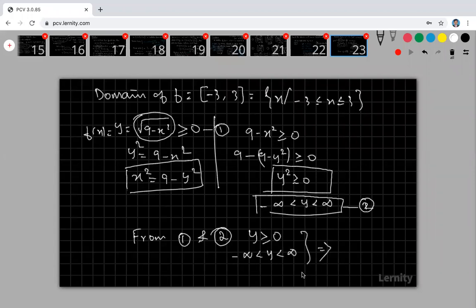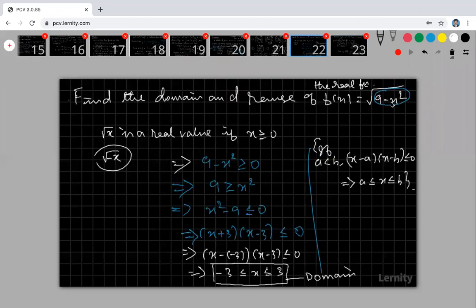Okay, what is your conclusion? My y is greater than or equal to 0. That is one conclusion. Is that all, sir? My y is only greater than or equal to 0? No. If you give the maximum value, x is maximum 3.